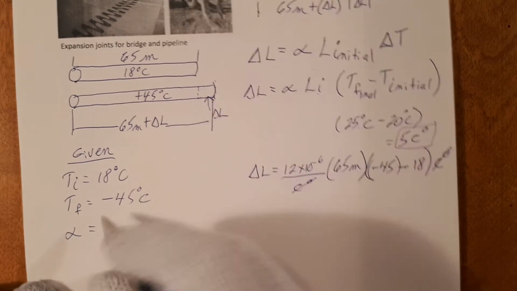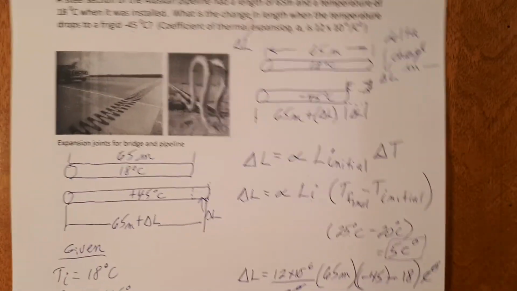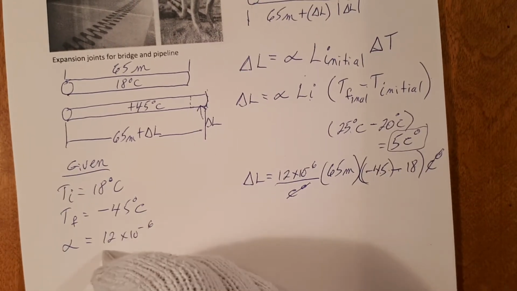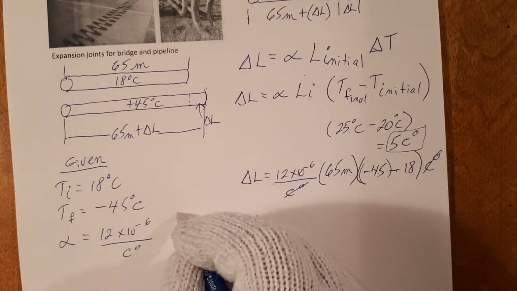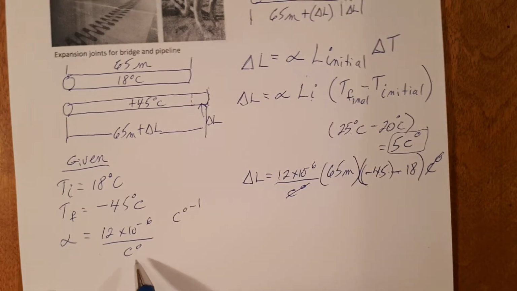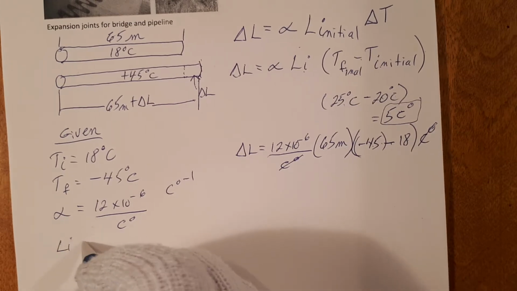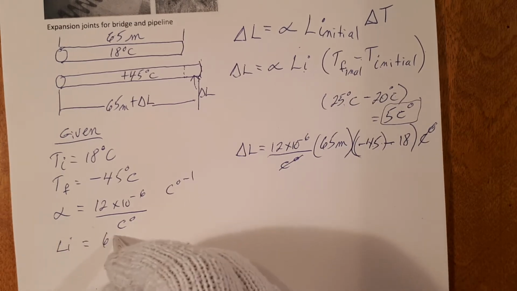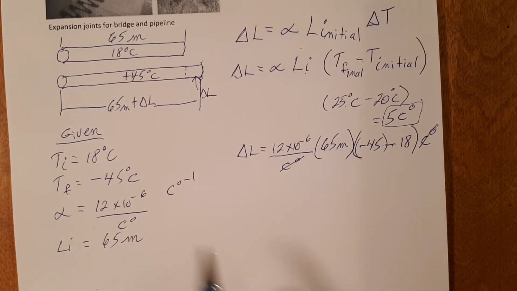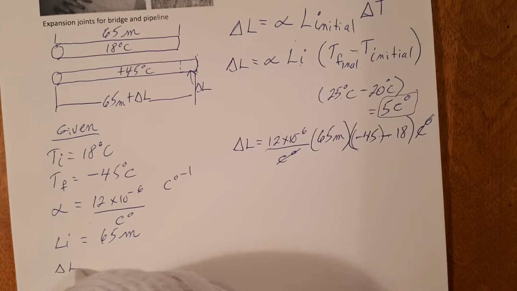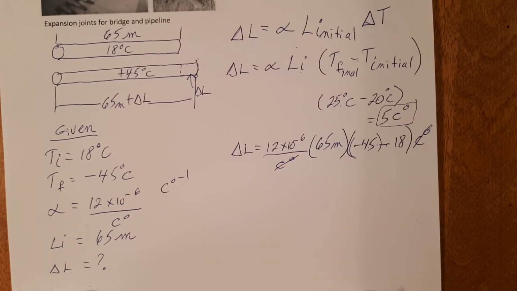Alpha, from looking at the chart at the top here, we have it as 12 times 10 to the minus 6 per Celsius degree. Celsius degree to the minus 1 means it's in the denominator, per Celsius degree. The initial length is given to us as 65 meters. And the change in length is what we want to find.